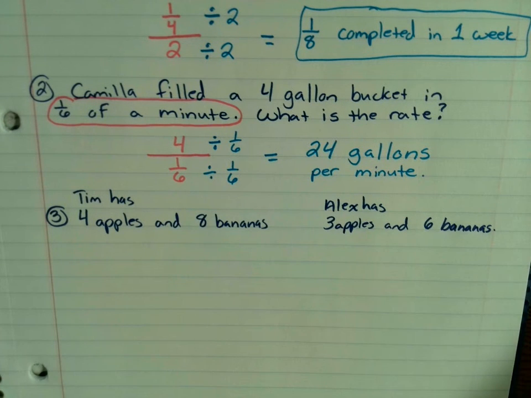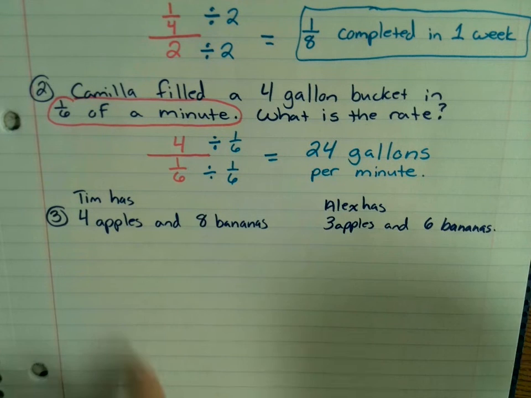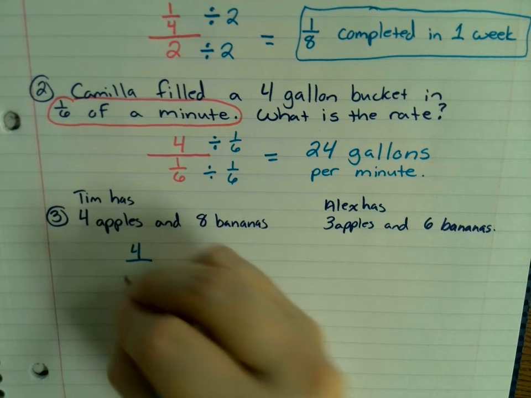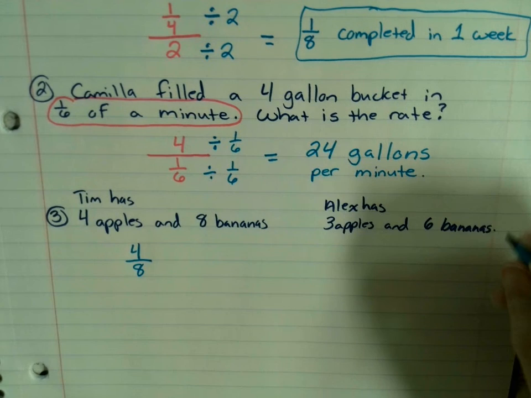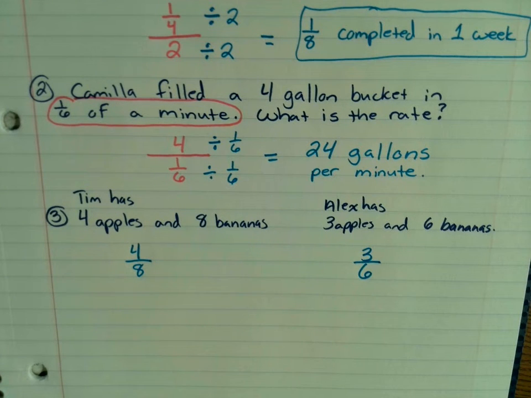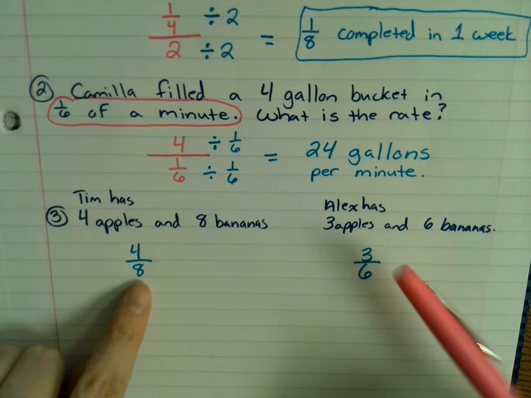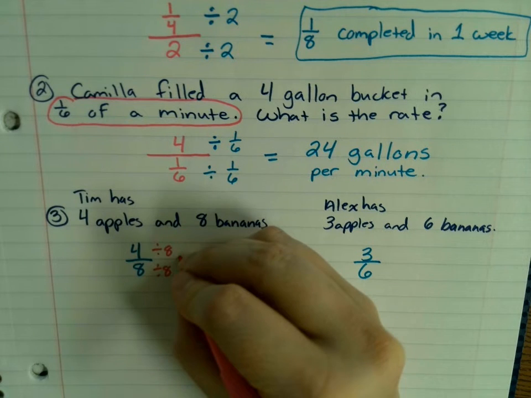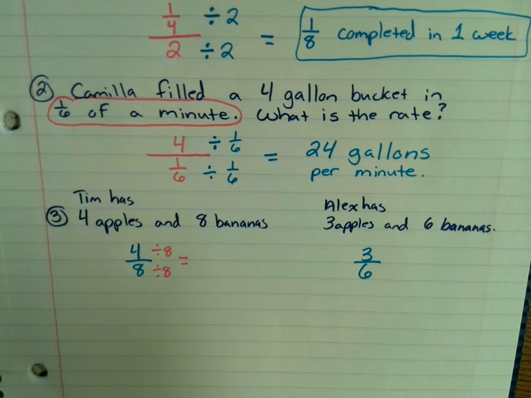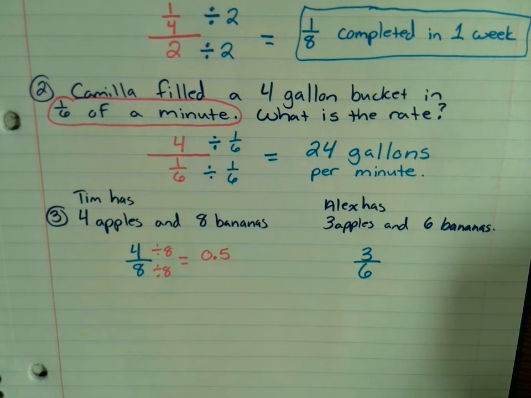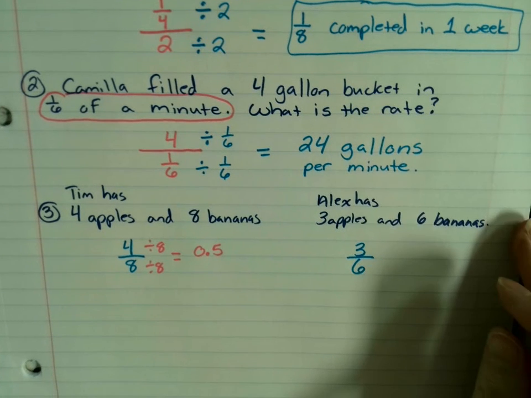What I first need to do is set them up as a ratio and find the unit rate. So we're finding 4 apples to 8 bananas versus 3 apples to 6 bananas, comparing to see if they're going to be the same. Well, what's 4 divided by 8? A half, 0.5. 8 divided by 4 is 2, but 4 divided by 8 is a half.